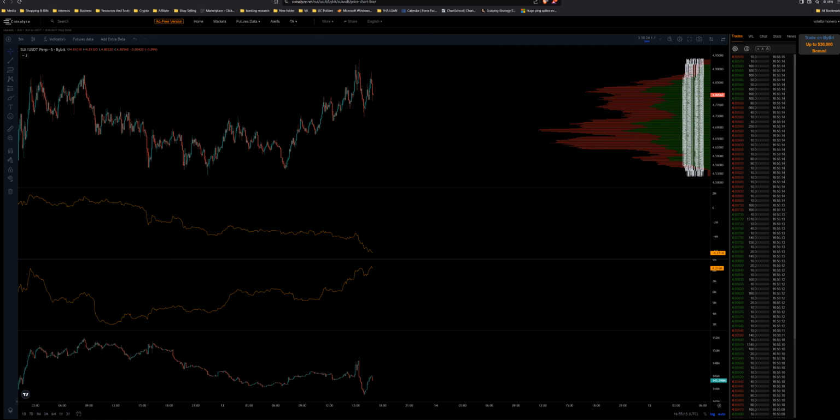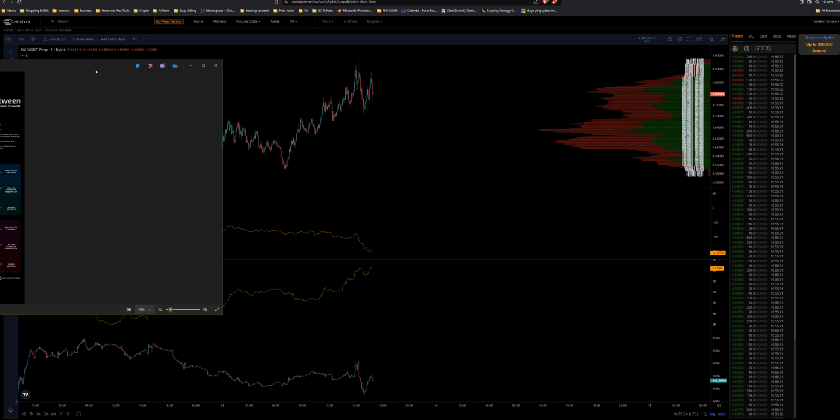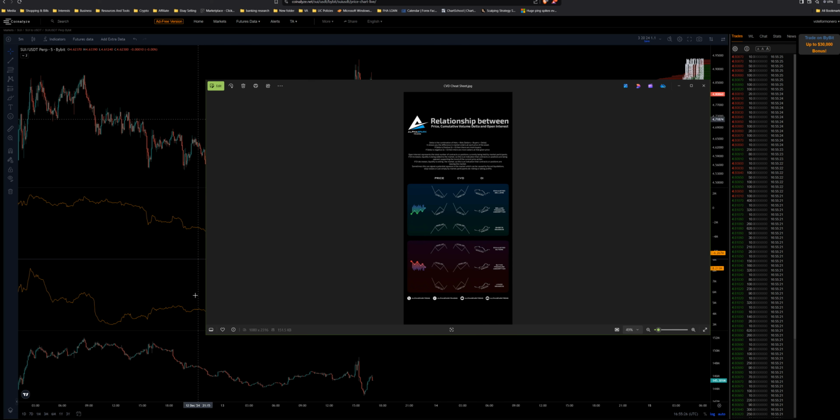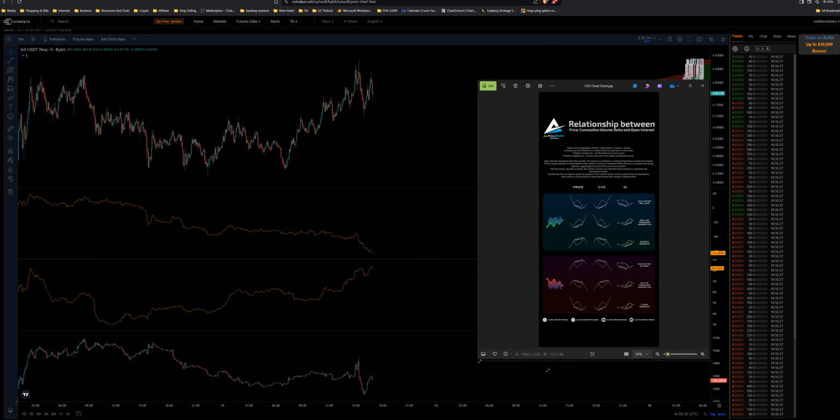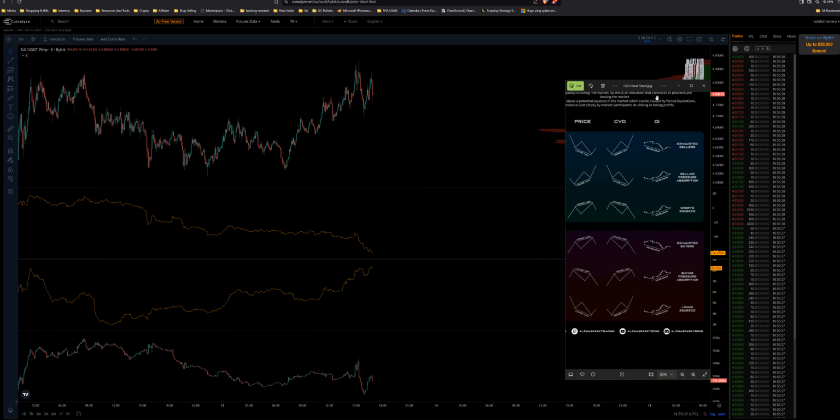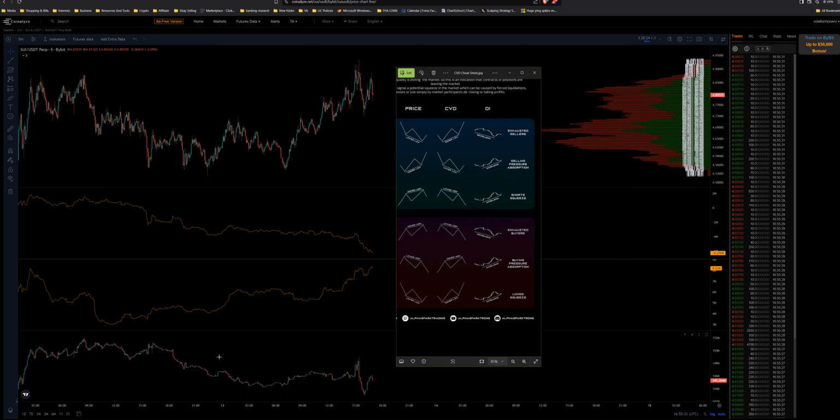Boom. Alright, wow, this is beautiful. This is just such a beautiful trade, the amount of influence we have. Want to pull up the cheat sheet for y'all. That right there. So we have price action making a higher high relative to these highs.